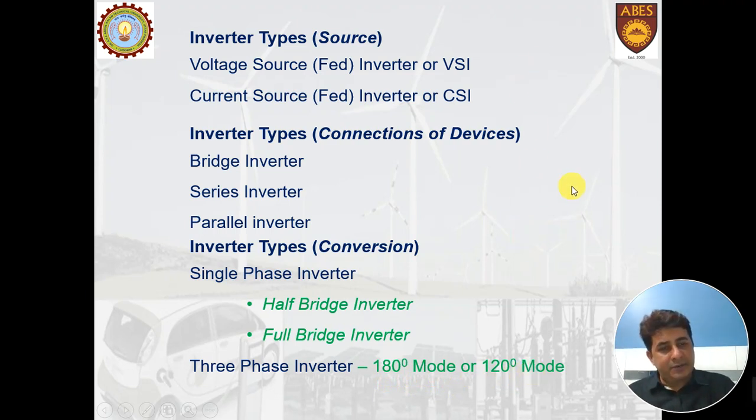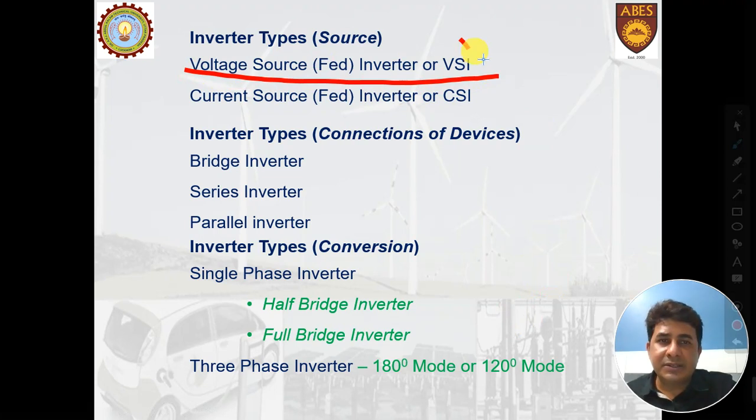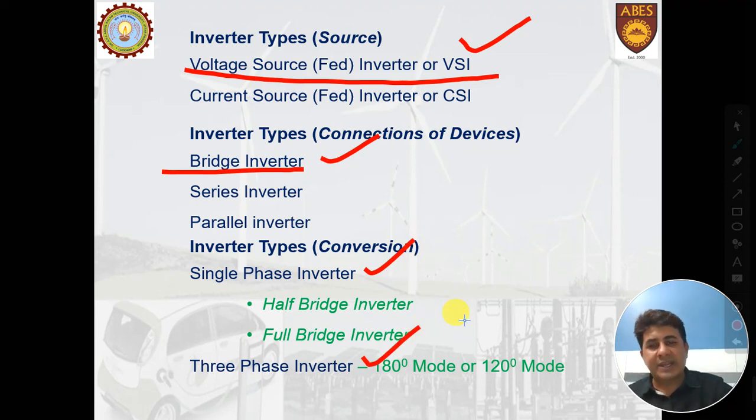In all my further discussions, I shall be discussing more on VSIs, more on bridge inverters. I shall discuss both single phase as well as three phase. In single phase, I'll discuss these two. In three phase, I'll discuss these two.